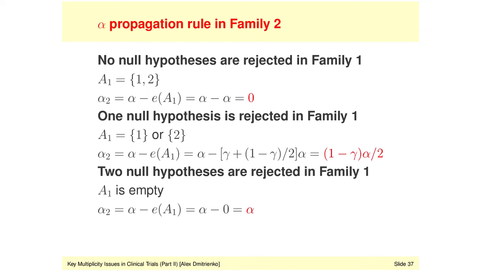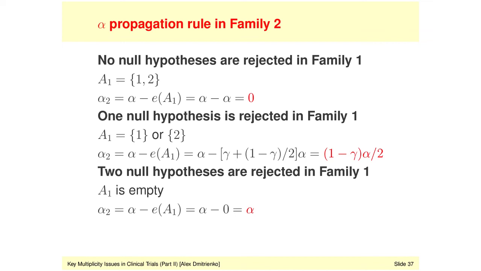The second outcome of interest here is the case where exactly one null hypothesis is rejected in family 1. In this case, the index set A1 is equal to either 1 or 2, depending on which hypothesis is accepted in family 1.